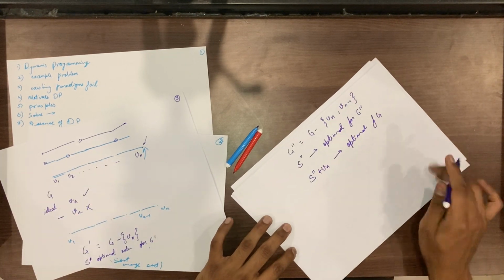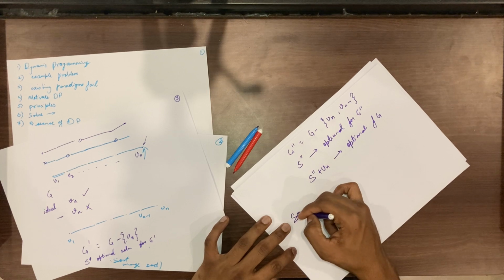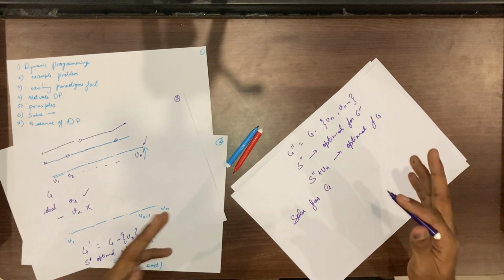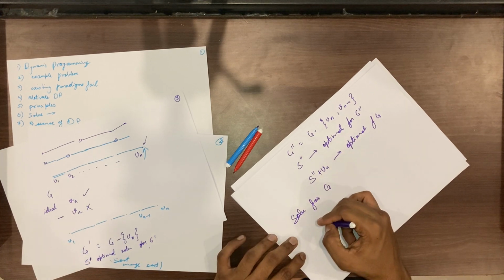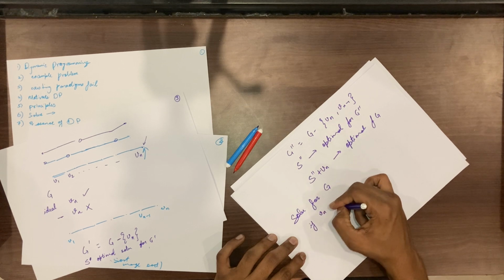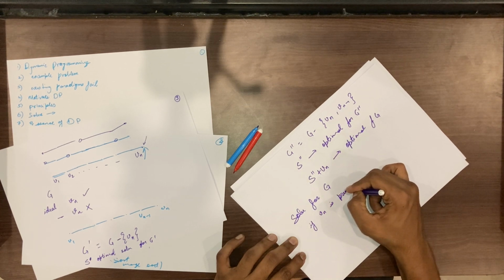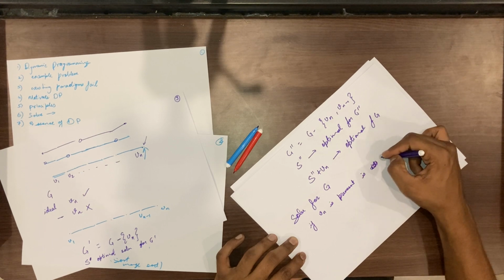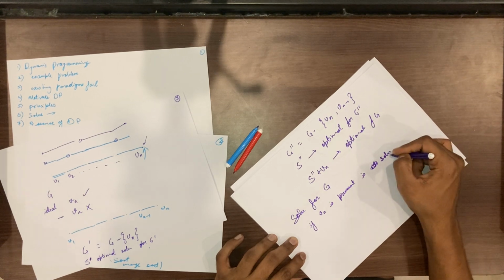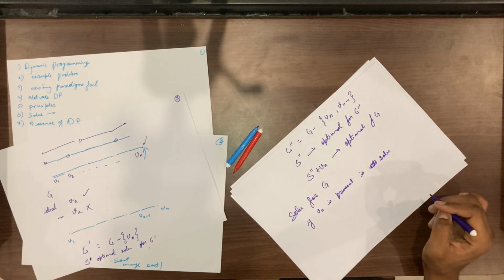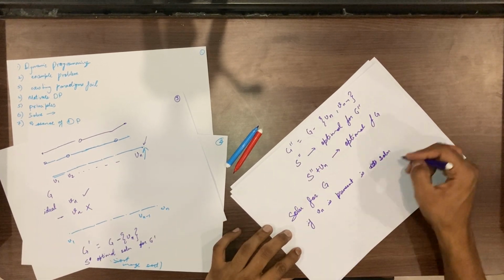So the solution for G in our thought experiment looks like this. If Vn is present in the solution, I mean, I'm referencing solution in the solution, but it's a thought experiment, so we can do whatever we want.